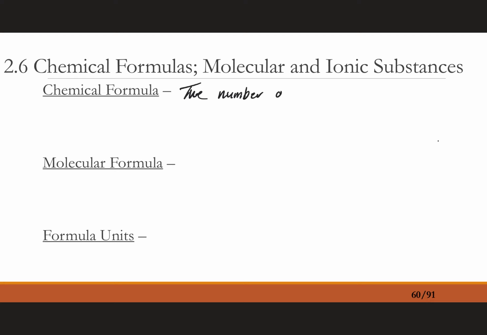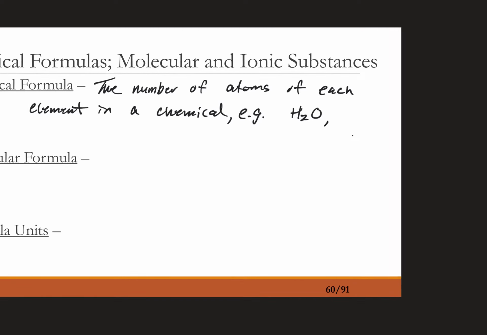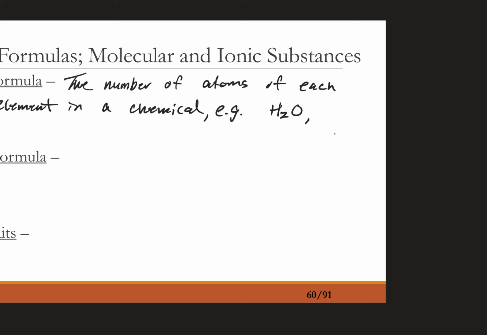So for example, water has the chemical formula H2O. Something like magnesium hydroxide has a chemical formula of Mg(OH)2. Water has 2 hydrogens and 1 oxygen atom.